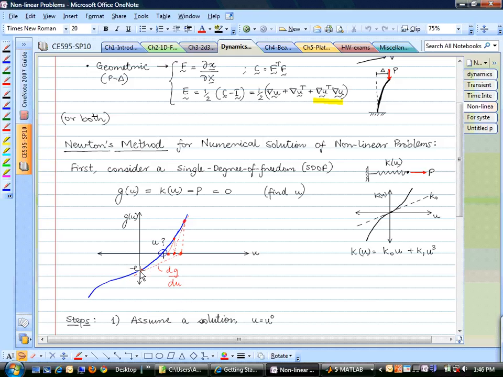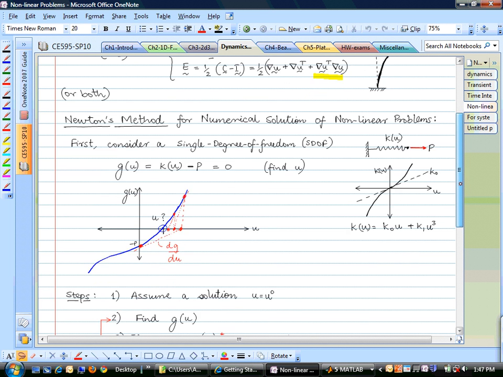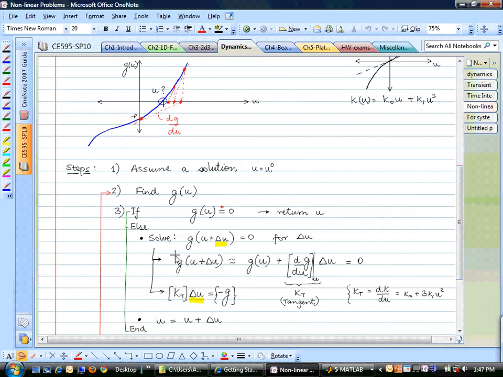So the idea is that in this case, I'm going to assume that if I apply a load P, my spring is not going to displace at all. That's an initial assumption. I can assume anything I want. And then the second step is you will use a Taylor series expansion.